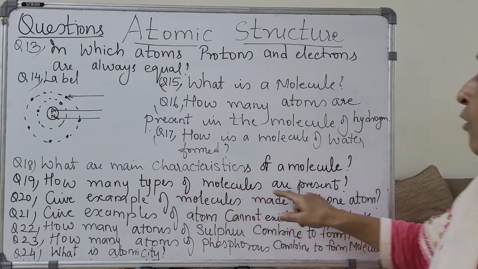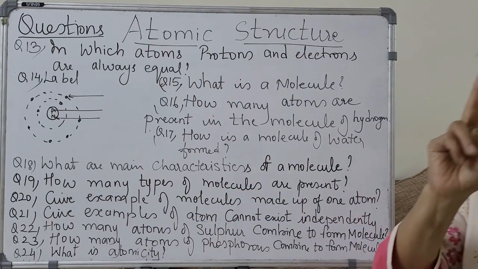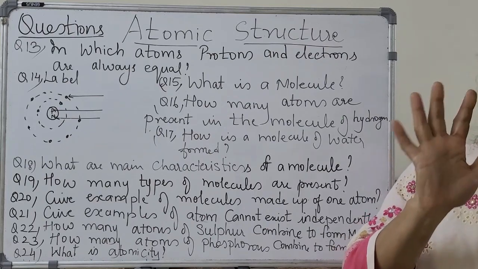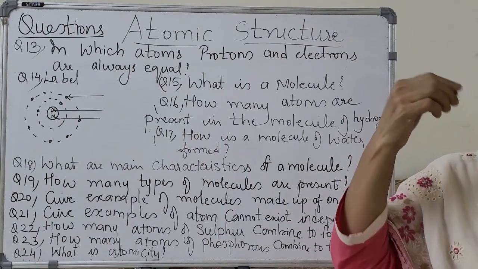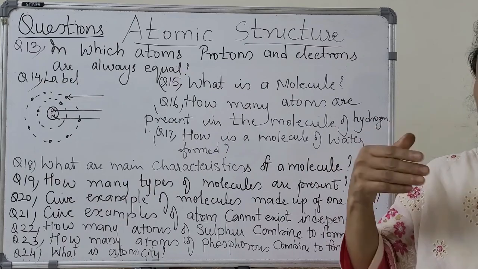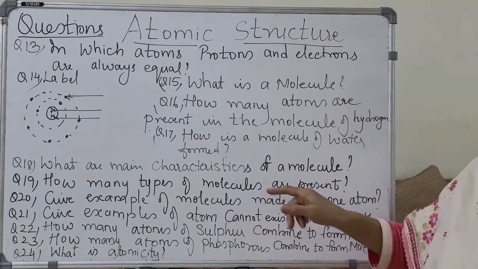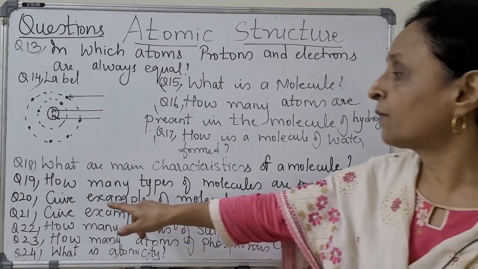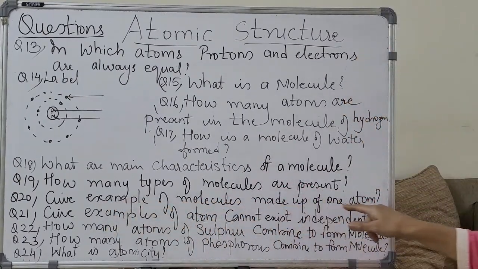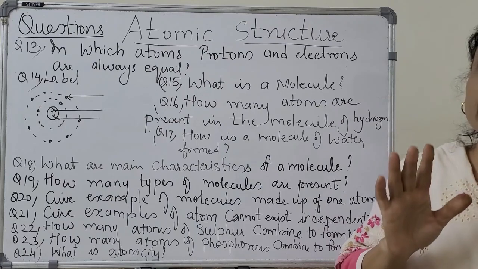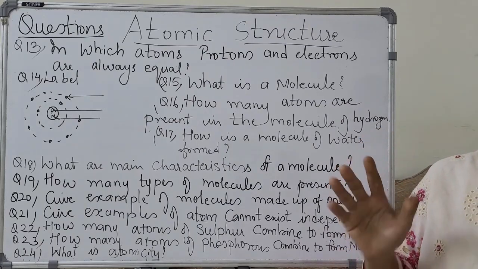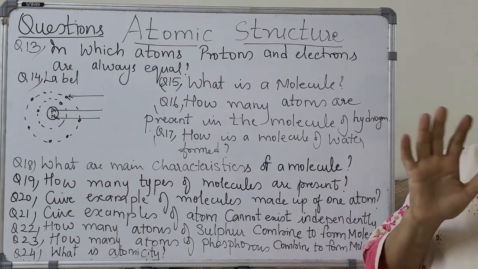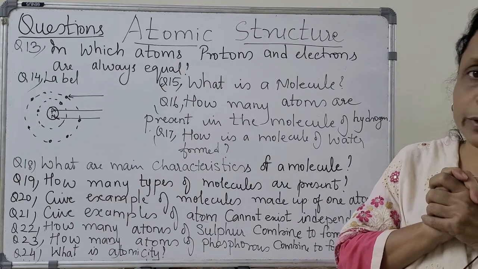How many types of molecules are present? 2 types. One is pure, that is just made up of elements, and the other is compound, made up of 2 or more elements. Now give examples of molecules made up of one atom. Helium and neon, they are the noble gases. They are just one atom. They just form molecules with their own isotopes.